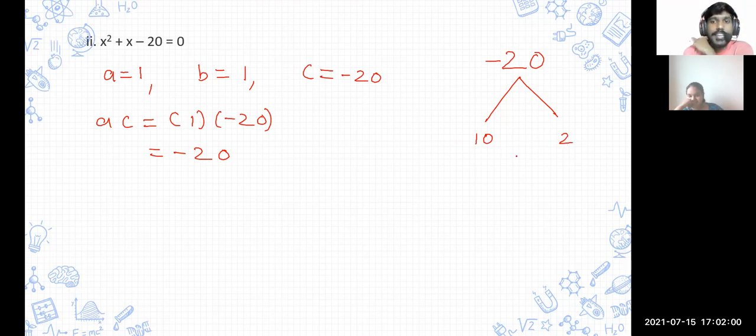But after adding these or after subtracting, I should get B. So try adding 10 plus 2, 12. Not getting B. Try subtracting 10 minus 2, 8. B is 1, we need 1. So think of some other number.